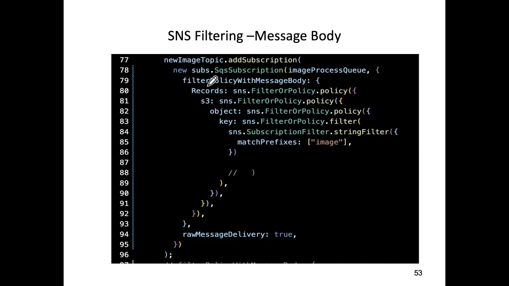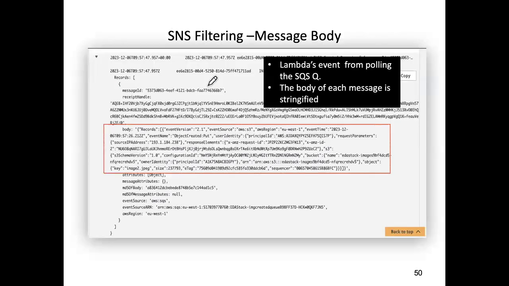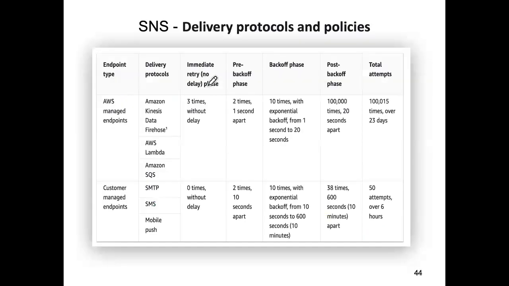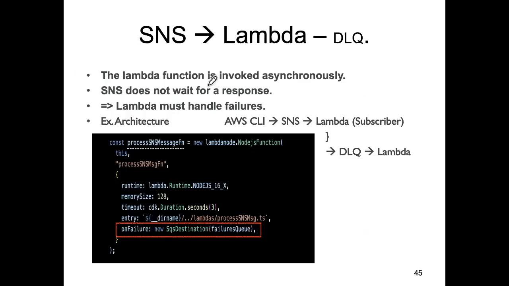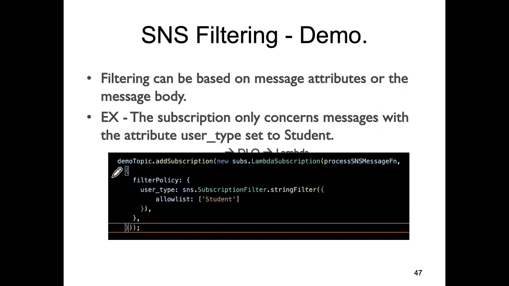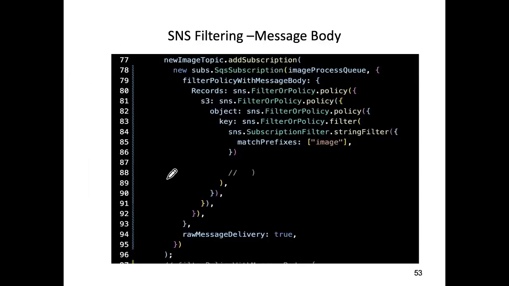If I just quickly go back a couple of slides, there it is. Here's the attribute when you're doing attribute-based filtering, whereas it's a different attribute when you're doing message body-based filtering. Okay, let's go back into here.